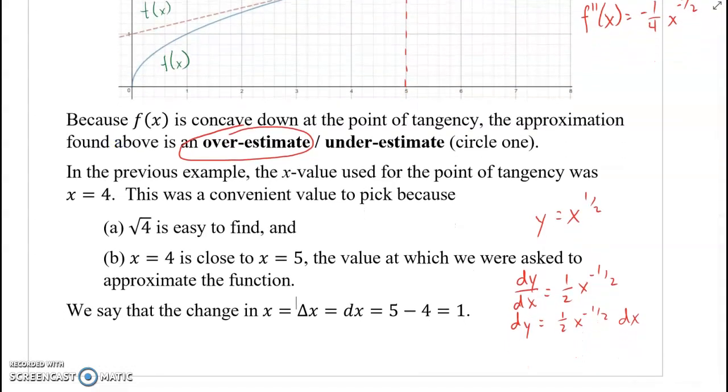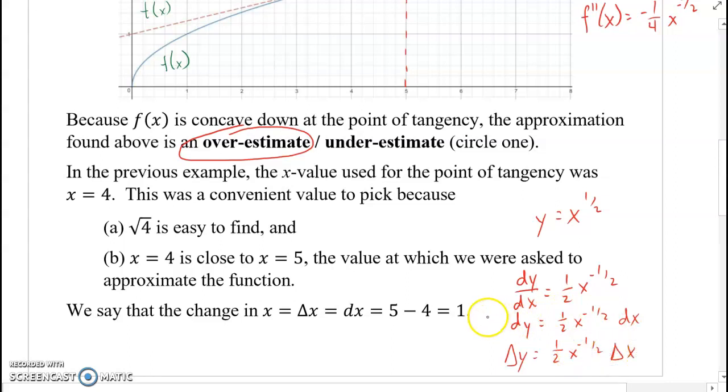So we actually said that the delta y is equal to 1/2 times our point of tangency value times our, whoops, I'm jumping ahead of myself, I'm sorry. I just wanted to start by talking about not the instantaneous change, but maybe the average rate of change. Here we go, that's what I meant.